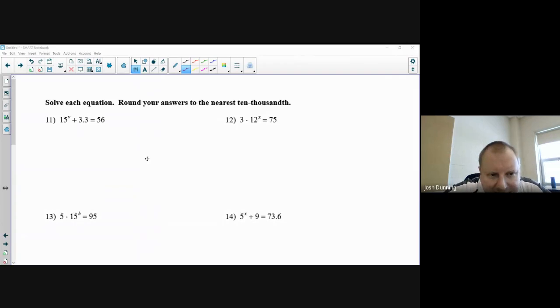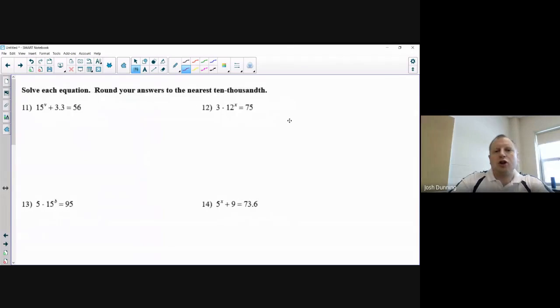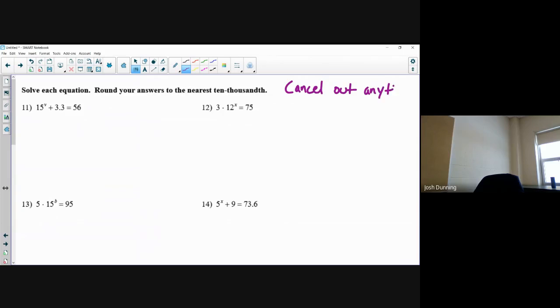Now, the way you do these, you got to get them to where all you have is a base and an exponent. You want to cancel out anything not part of the base or exponent first.